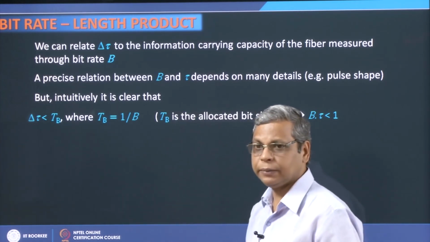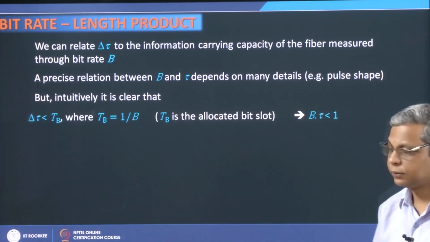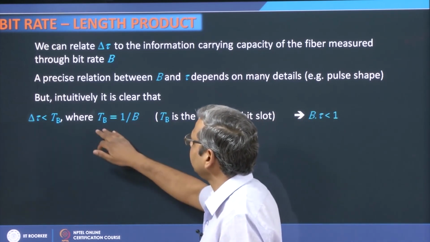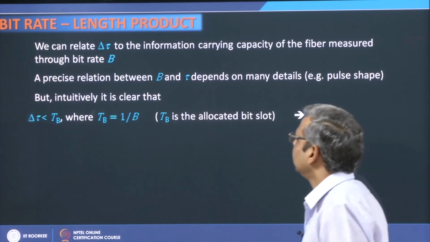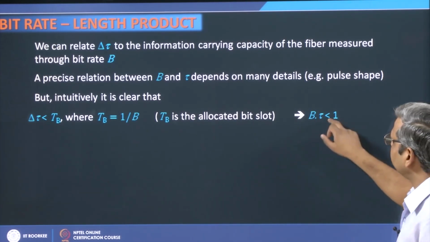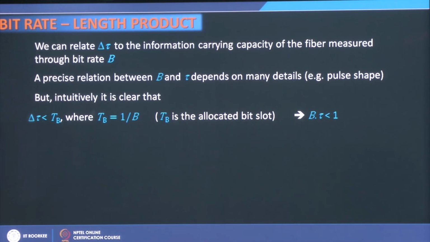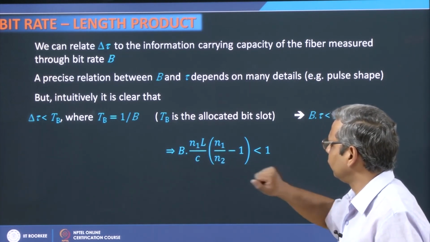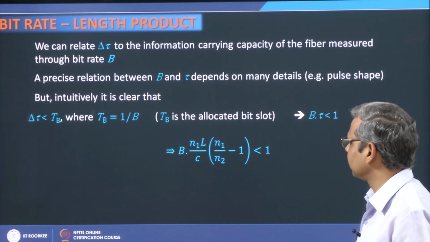What is TB? TB is the allocated bit slot, which is nothing but 1 over B. If B is the bit rate, then TB is equal to 1 over B is the allocated bit slot, which means that this B times delta tau should be less than 1. And delta tau I have from previous slide n1 L over c, n1 over n2 minus 1.